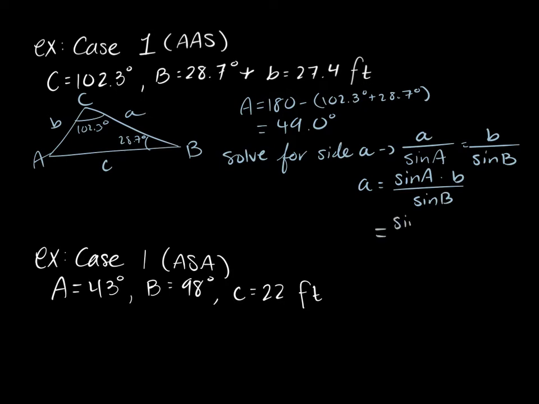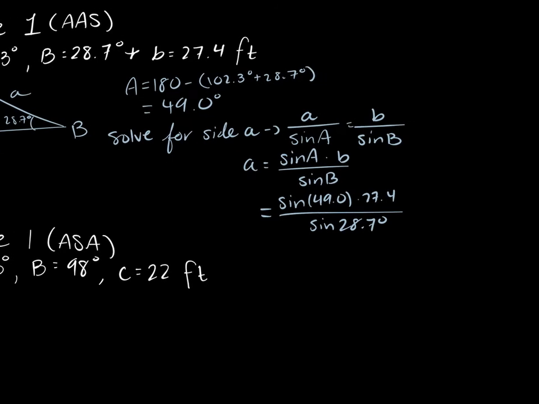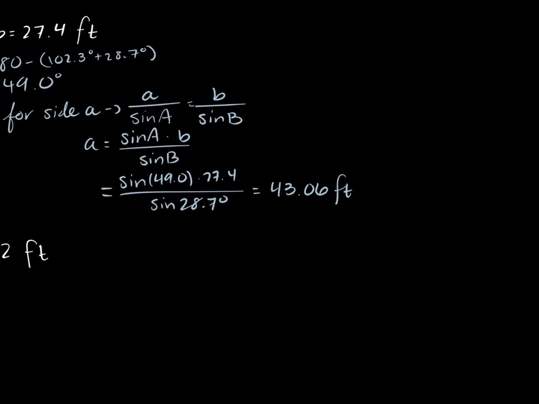So I've got sine of 49.0 times 27.4 over sine of 28.7 degrees. So a is going to be equal to 43.06 feet. Don't forget those units.